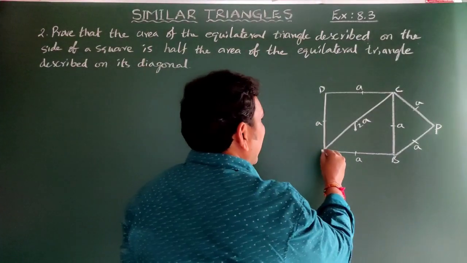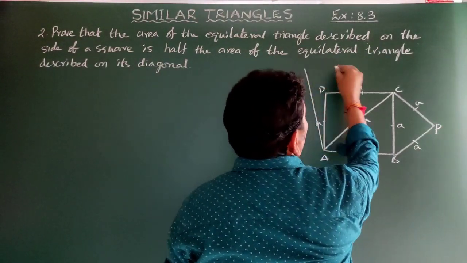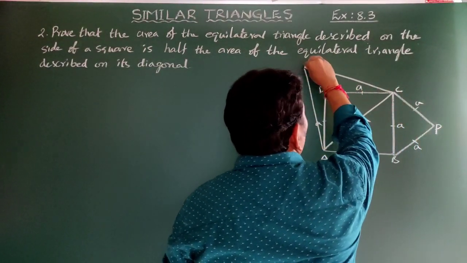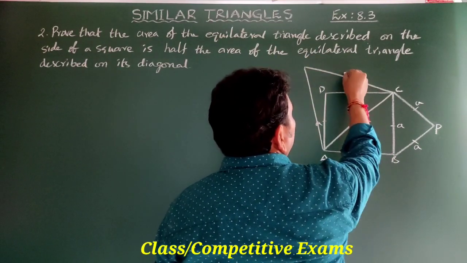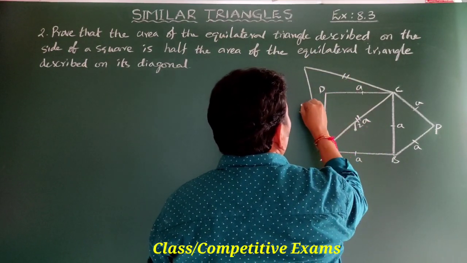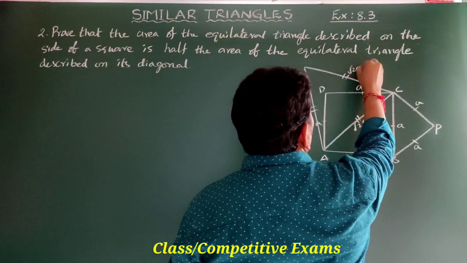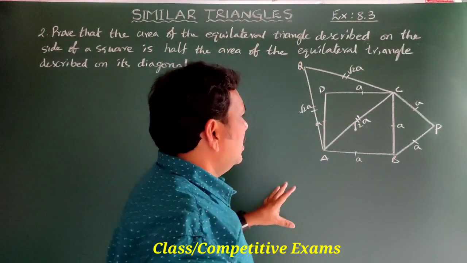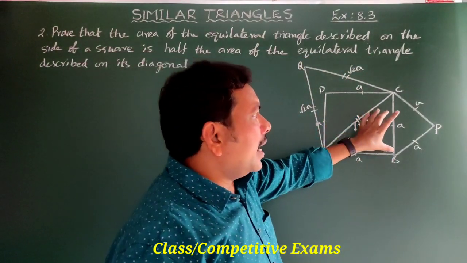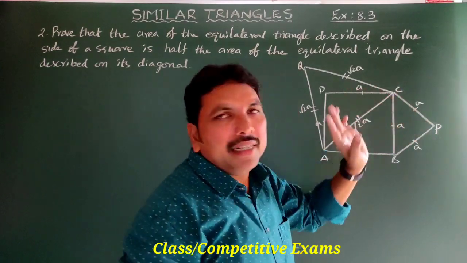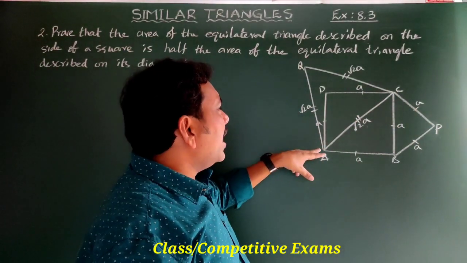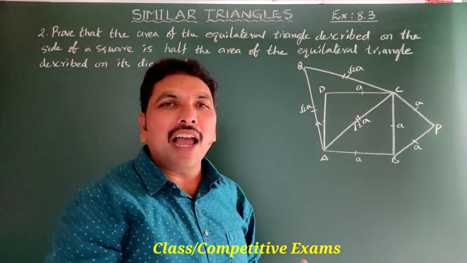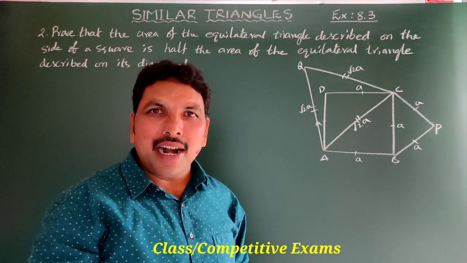The equilateral triangle which is described on its diagonal we have to take, right? So suppose this side is root 2a, and this is Q. So area of triangle BPC is equal to half the area of triangle ACQ. We have to prove this. Right, understood?